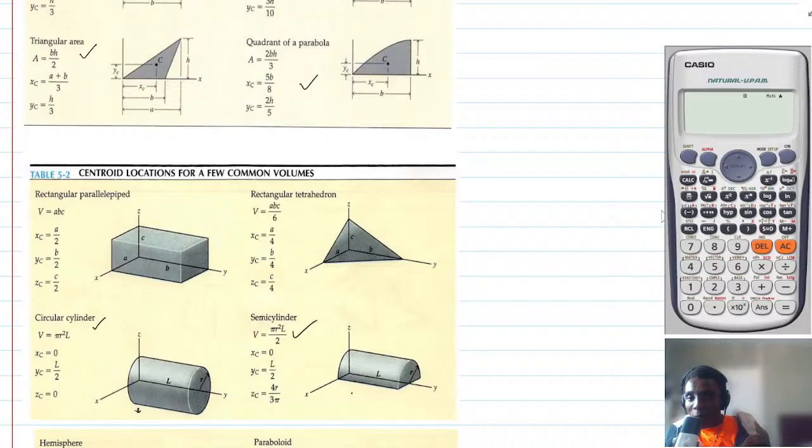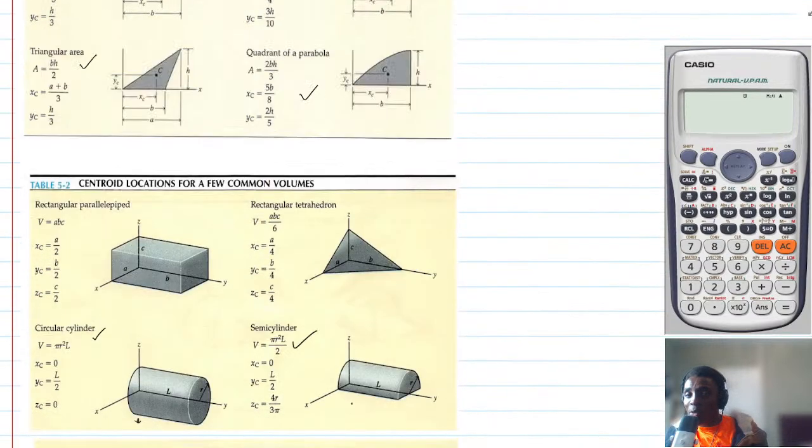Now the funny thing is that whenever you are talking about centroid, we have centroid of area, we have centroid of volume, we have centroid of masses, and all sorts of things.